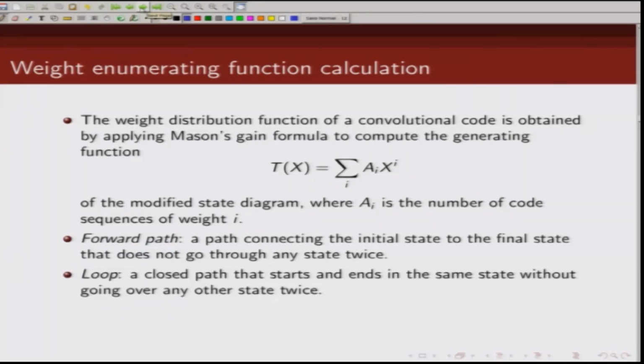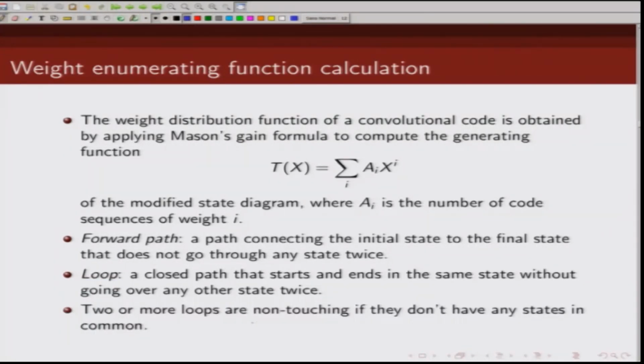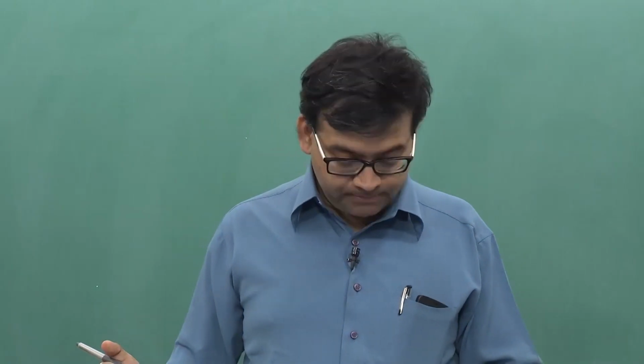The next term that we define is a loop. A loop is a closed path that starts and ends in the same state without going over any state twice. When do we say two loops are non-touching? We say two loops are non-touching if they do not have any state in common.